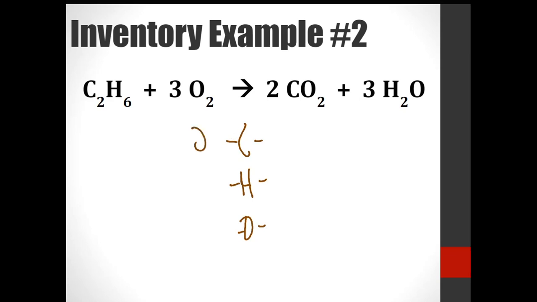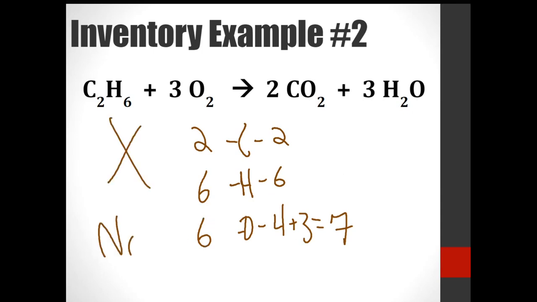I've got 2 carbons, 6 hydrogens, 6 oxygens. On the other side, I've got 2 carbons, 4 oxygens so far, plus 6 hydrogens, and 3 oxygens. 2, 6, and 7. Notice the 6 and the 7 not equal. Boom, this is not balanced.